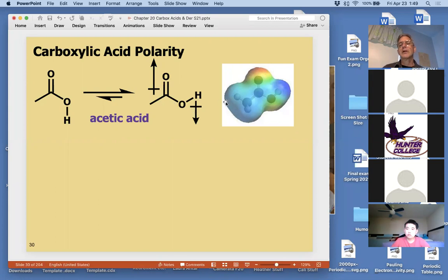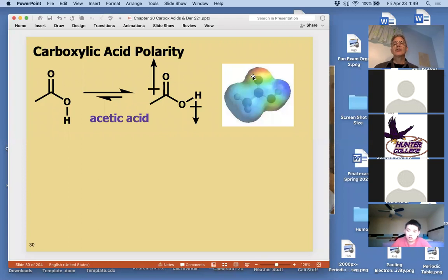Here is the electron density map, and you can see the bright red charge for the oxygen of the carbonyl group, and a lighter red area for the oxygen of the OH. So you have these two concentrations of negative charge, and the little bottom one cancels some of the carbonyl polarity.